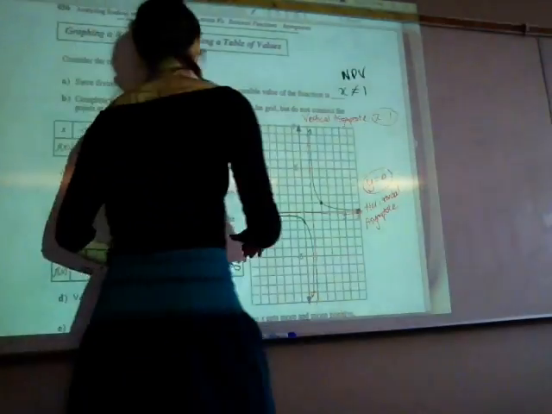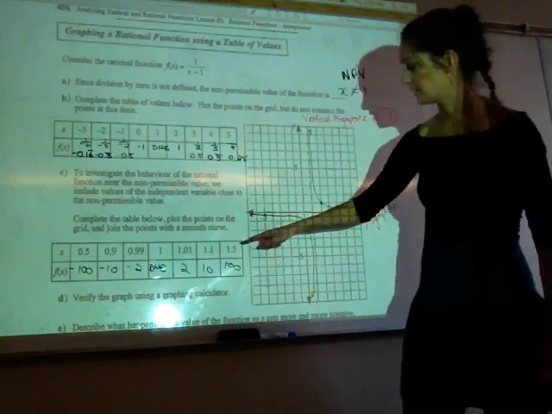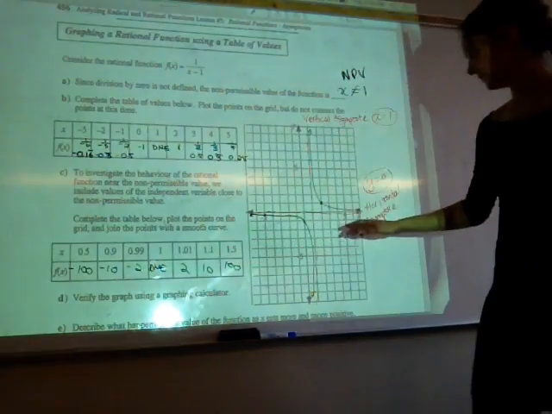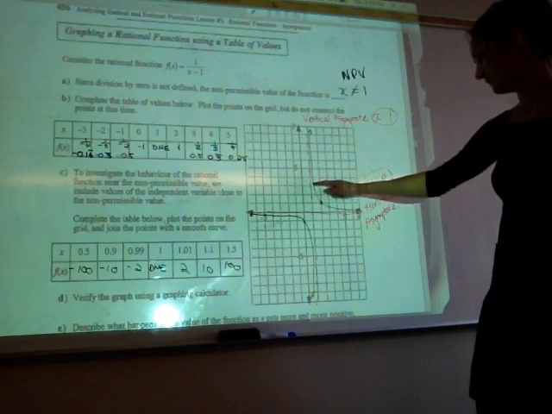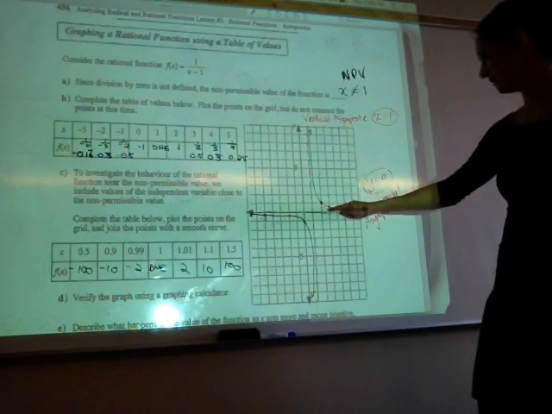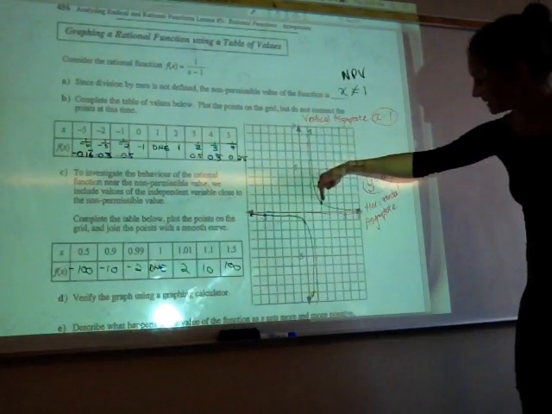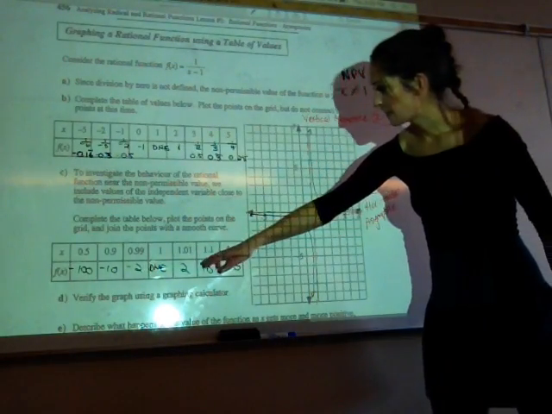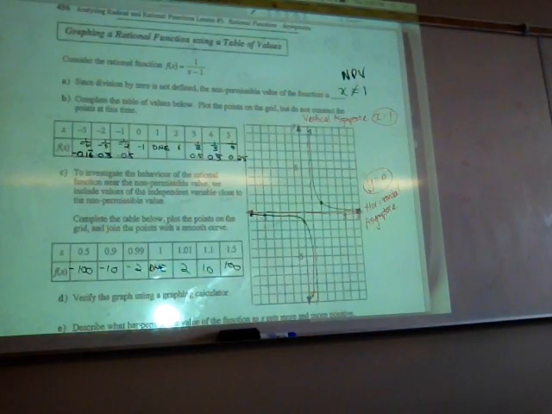And on the other side, from the right side of the graph, as we're approaching 1, do you see how the values, sorry, 1.01, the y values are getting smaller and smaller? So as x is getting bigger, notice that it's going down. Oh, sorry. Pardon? Are the numbers not stuck on the chart?